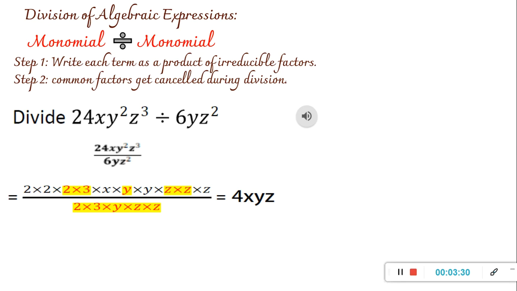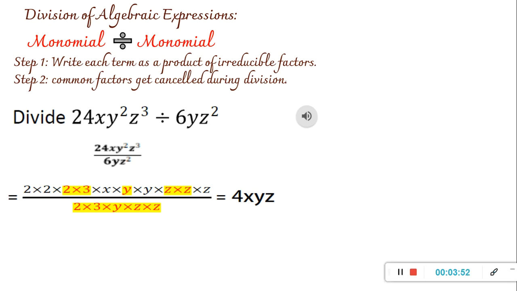So what are you left with? You are left with 2 into 2 into x into y into z. So this is equal to 4xyz. This is the result of division of these two monomials. This is how we basically divide.